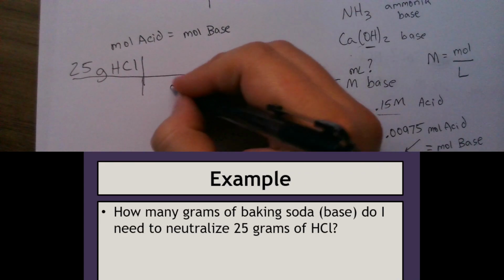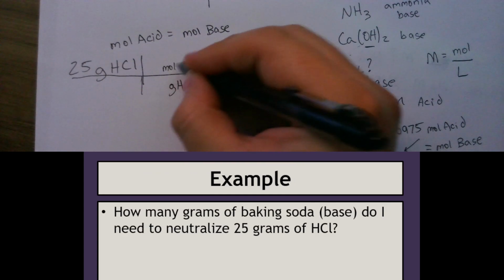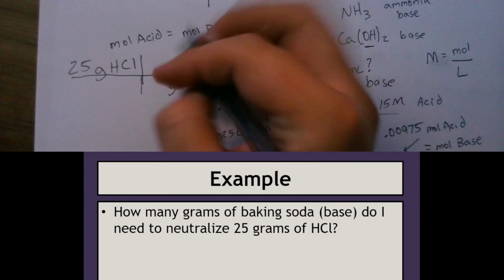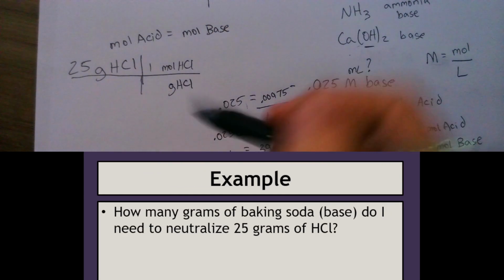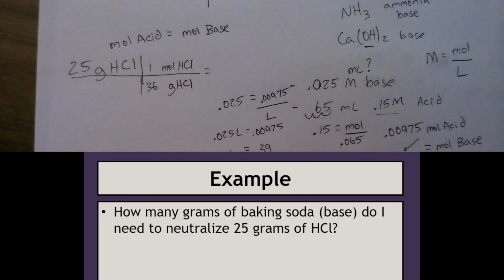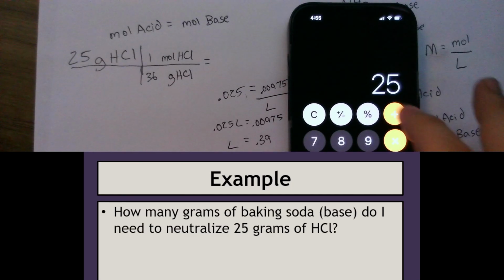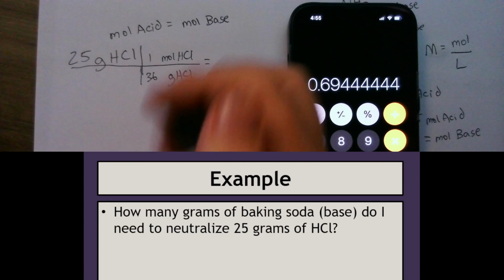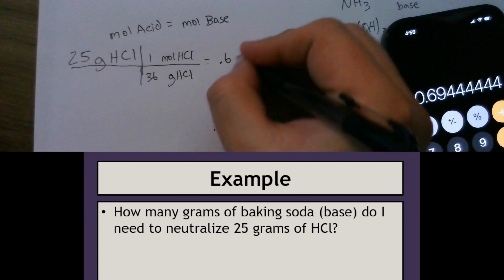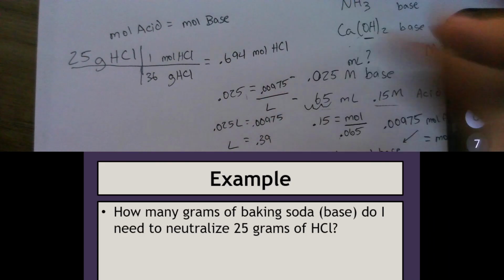One-step train track. Grams of hydrochloric acid under moles of hydrochloric acid. 1 mole of HCl weighs, this is 35 plus 1, we'll just round it for simplicity to 36. 25 divided by 36 is 0.694 moles of HCl.